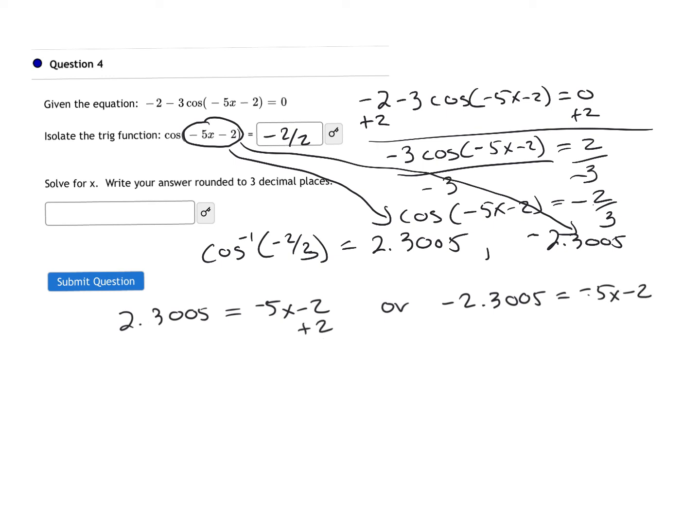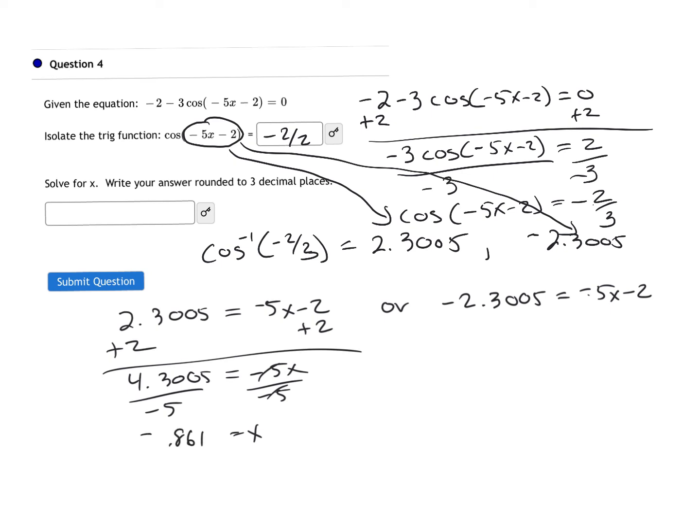So I'm going to add 2 to both sides, and I get 4.3005 is equal to negative 5x. Divide by negative 5, and I get that x is equal to negative 0.861. Over here, I'm going to add 2, so I get 0.3005 is equal to negative 5x.